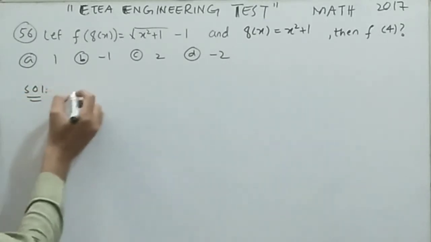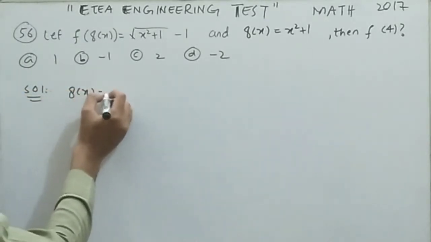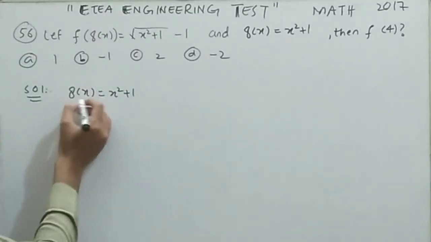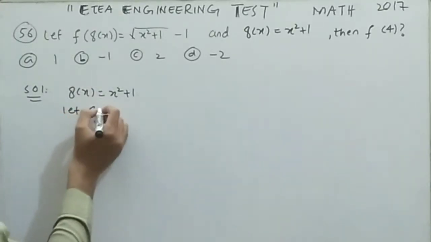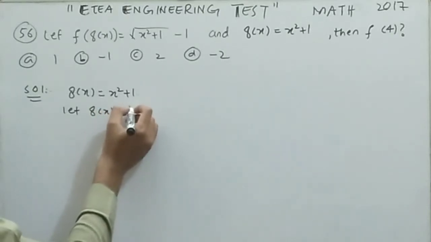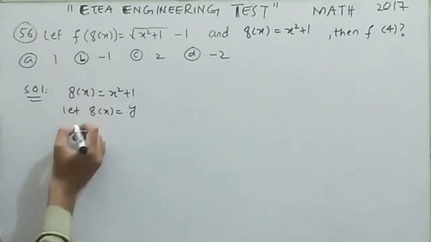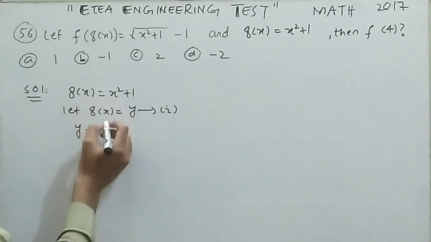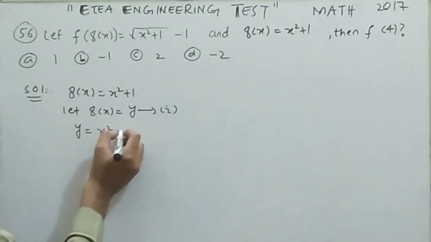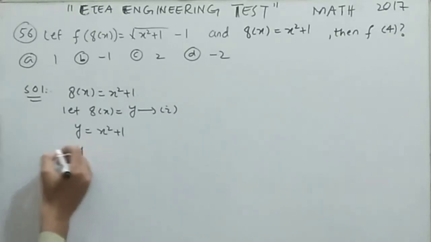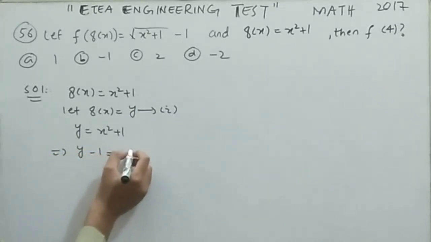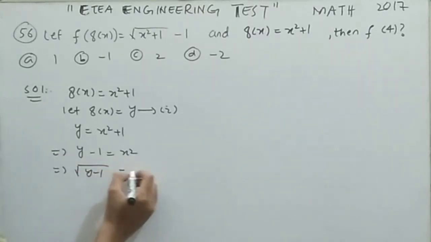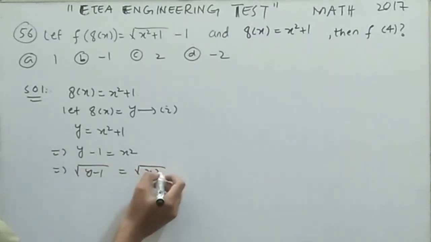So our g of x is equal to x square plus 1. Now for the inverse, let's consider this g of x as another variable, let's suppose it is equal to y. So let's suppose this is condition number one. y is equal to x square plus 1. Shift 1 to this side, it becomes y minus 1 equal to x square. Now take the under root on both sides.